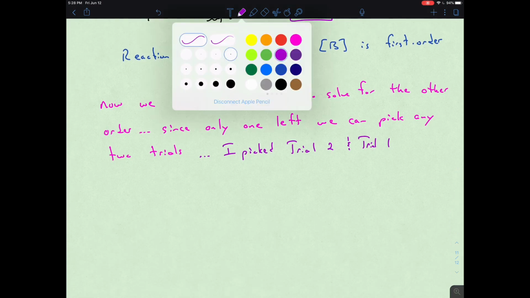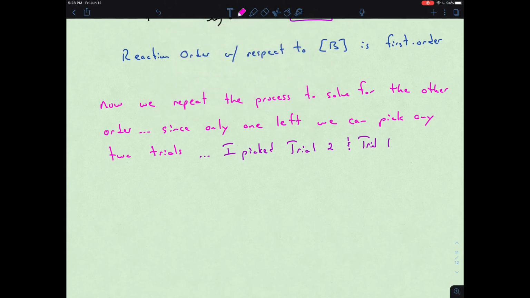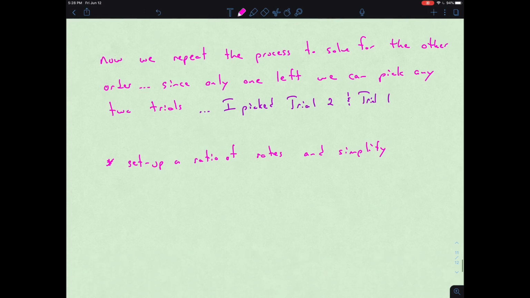So we kind of repeat the whole process. We want to set up a ratio of rates, and we want to simplify. So we would have our rate of 2 over our rate of 1. There's our ratio of rates.